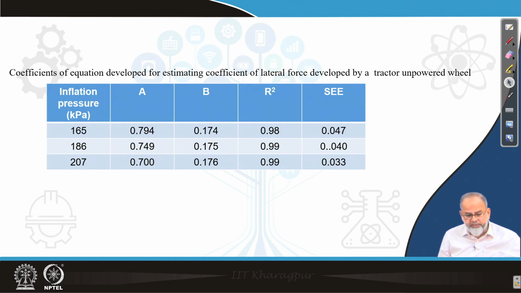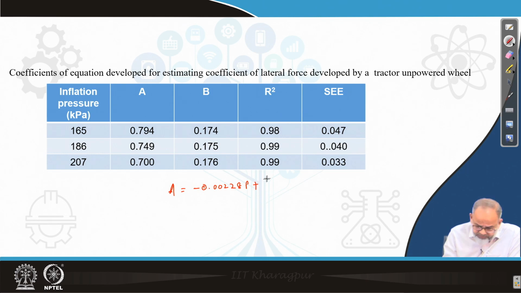A is related to the inflation pressure by the equation A equals minus 0.00228 P plus 1.1725.